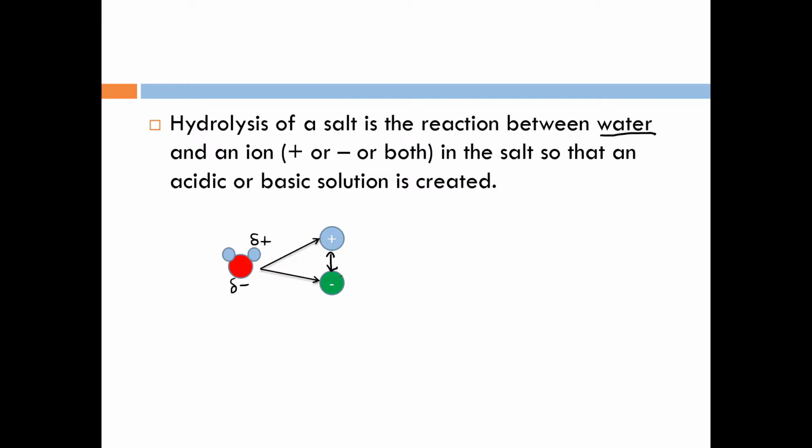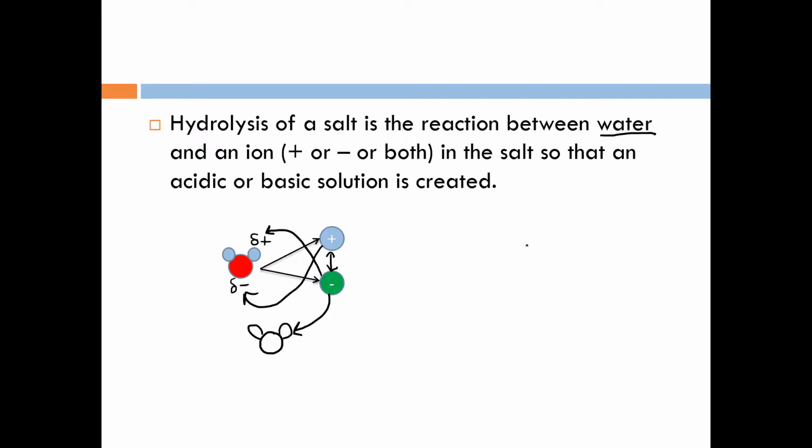The negative ions will attract to the slightly positive end of water, whereas the positive ions will attract to the negative end of the water. Now, generally speaking, one molecule doesn't attract two ions to it. What actually happens is that you'll have a second water molecule here, and these negatives will go to this water molecule, while these positives will go to this water molecule.